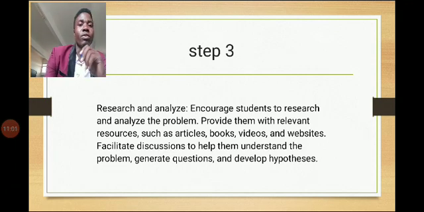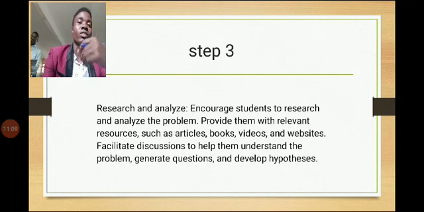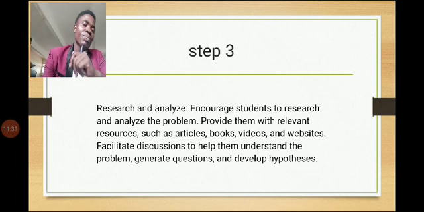And this will provide them with relevant resources. For example, as your teacher, you have to provide them with articles, books, videos, you can even provide them with magazines, things of that nature. Then this will facilitate discussions and help them understand problems, generate questions, and develop hypotheses.